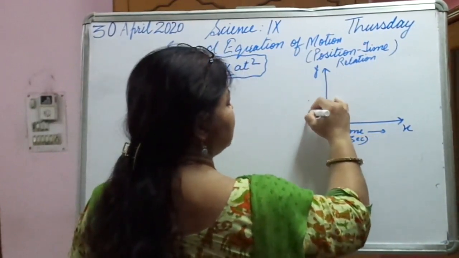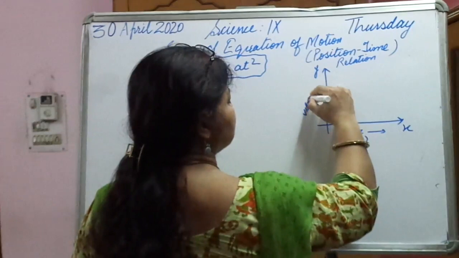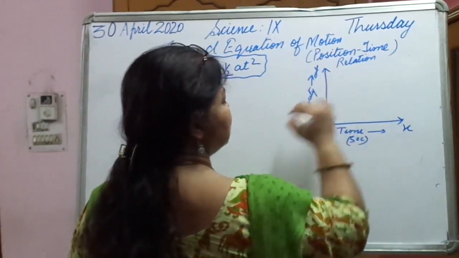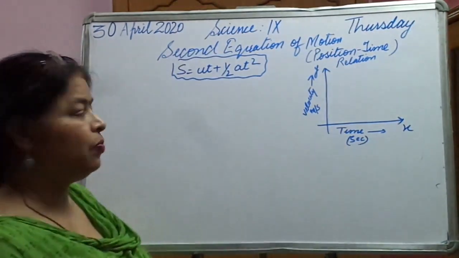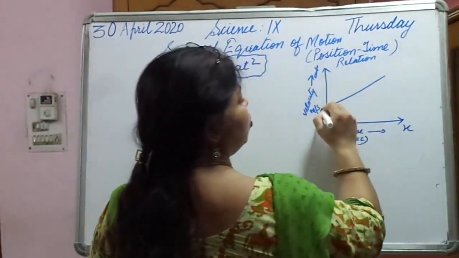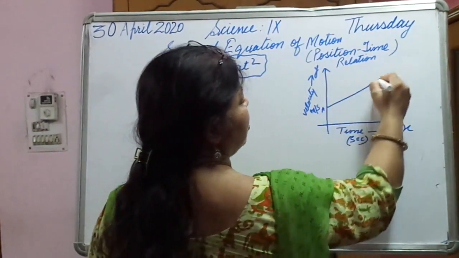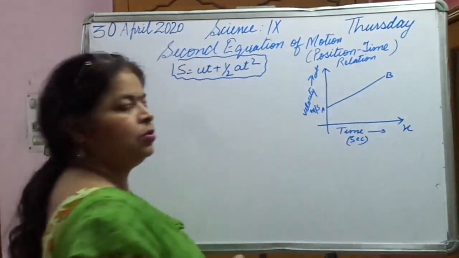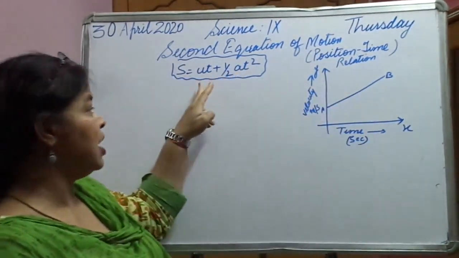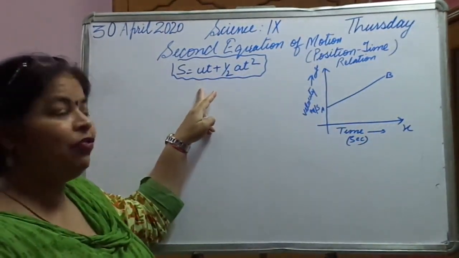This is velocity, meter per second. Now again we will show the slope of the graph AB. So this is the graph. From this graph we are to derive s is equal to ut plus half at square.